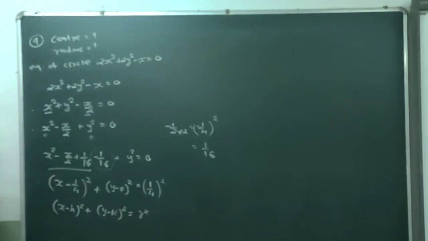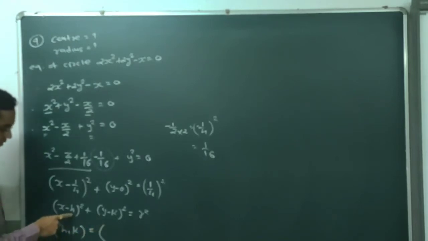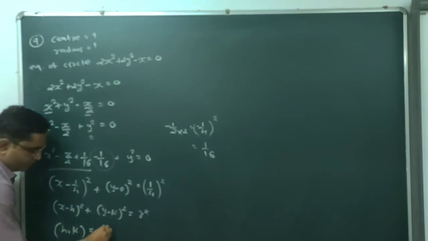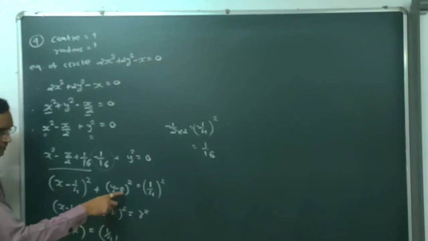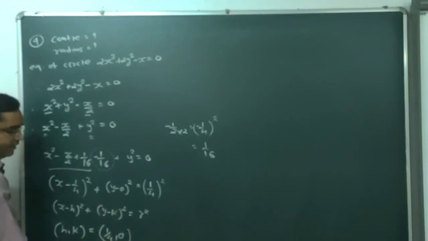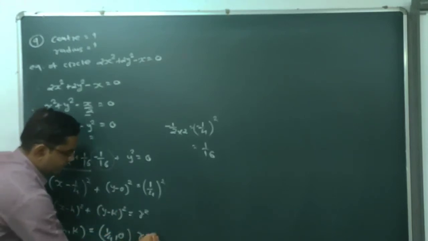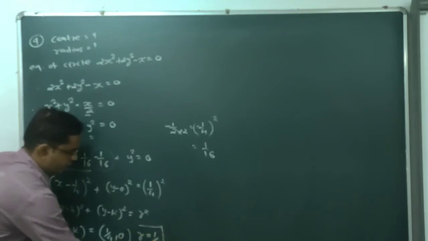So we get our answer. The coordinates of the center (h, k) are (1 by 4, 0) and the radius r is 1 by 4 unit.